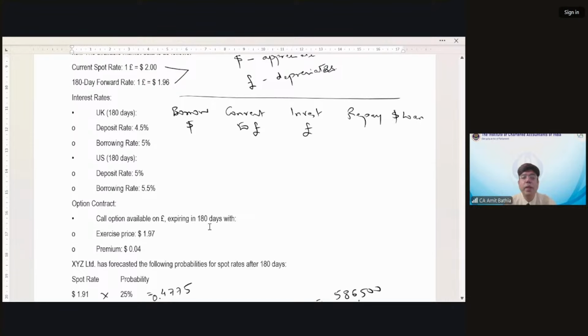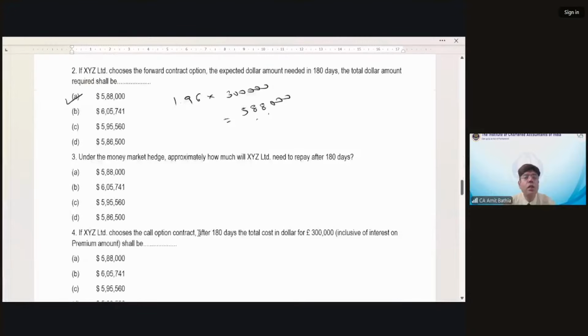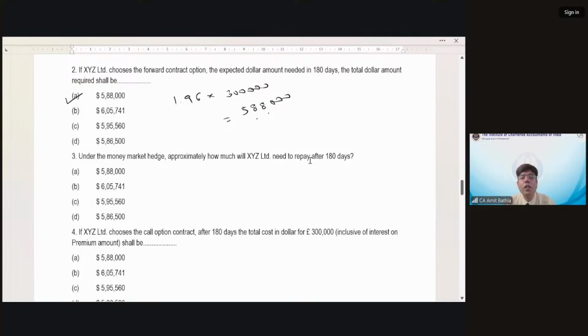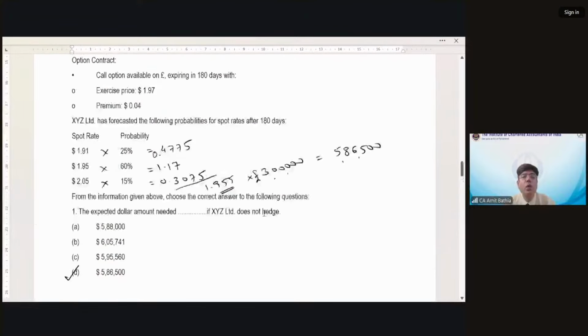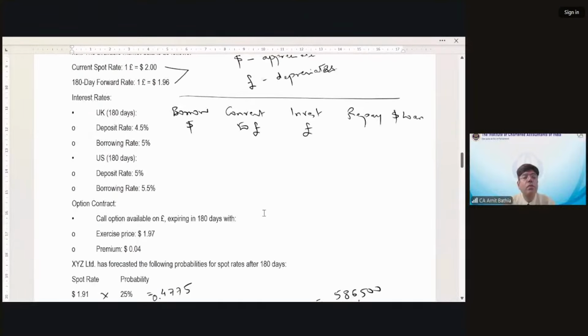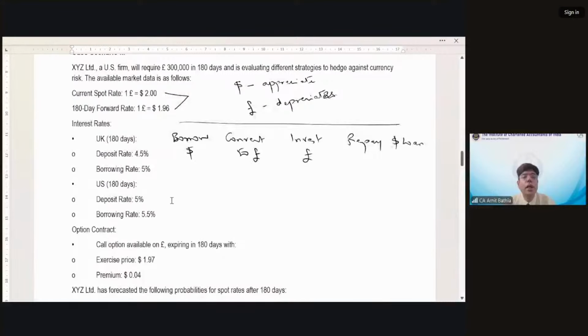So what is being asked to me is approximately how much will XYZ Limited need to repay after 180 days. So I will need to obviously repay in dollar terms. So how many dollars will be required? That is what the computation is all about, right? All right. So first and foremost, I will need how much amount?